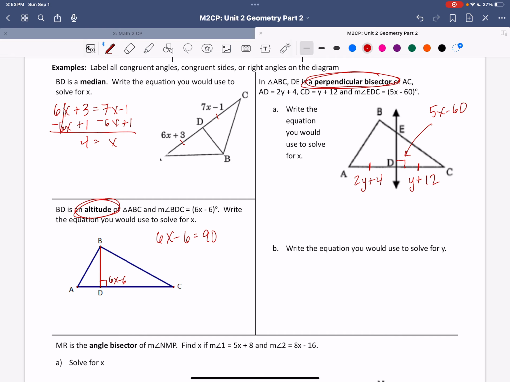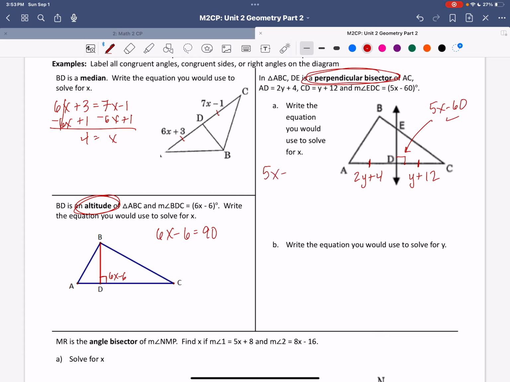All right, so let's go ahead, let's figure out what x is first. It said y and then x. So let's figure out what x is first, which is this guy, okay? So we're going to get 5x minus 60 equals 90, because that is a 90-degree angle right here. All right, and then go ahead, add 60.